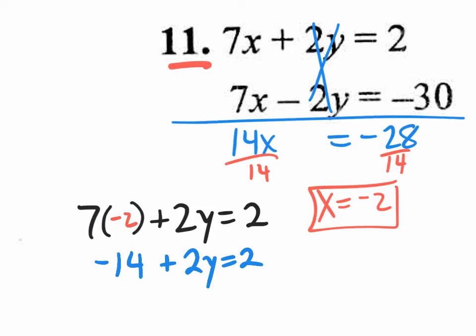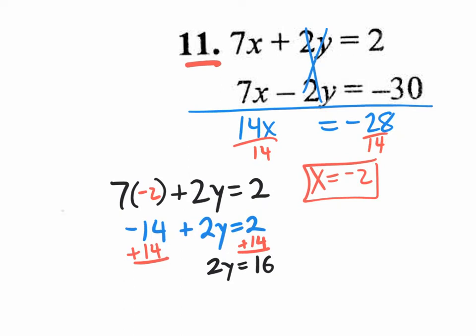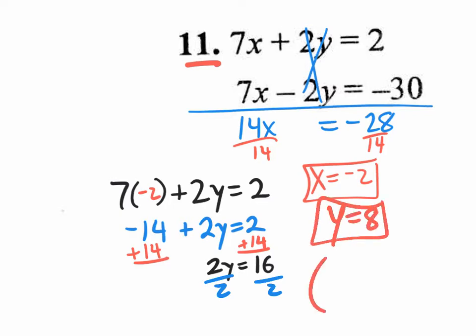I need to get rid of that minus 14. I'm going to go plus 14, plus 14. I will have a new equation that reads 2y equals 16. And my final step would be to divide by 2. So I will get y equals 8. As an ordered pair, negative 2 comma 8.